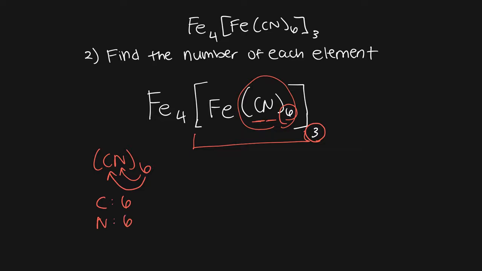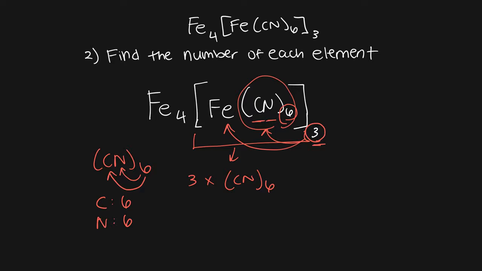But in the bigger group, there's a subscript of 3. So in this group, we know there are 3 iron atoms and 3 of the CN6 group. So basically that just means 3 times CN6. So we figured out before that there are 6 carbon and 6 nitrogen in the CN group.